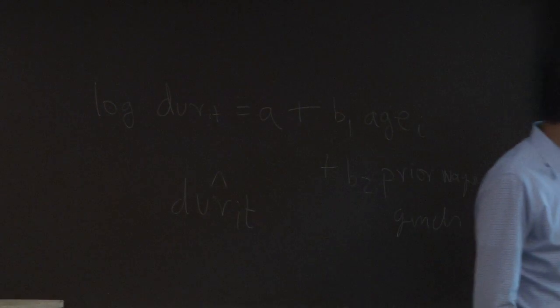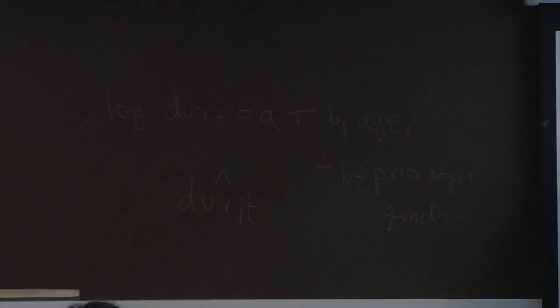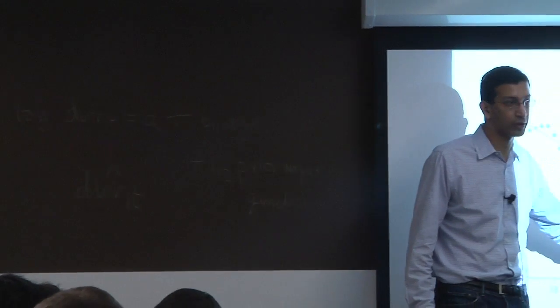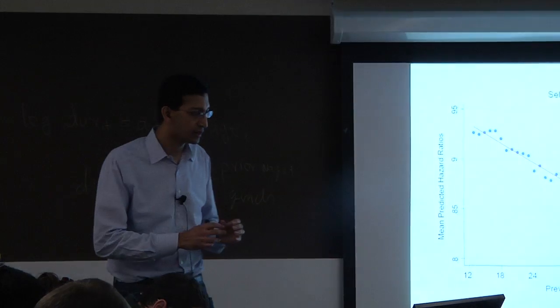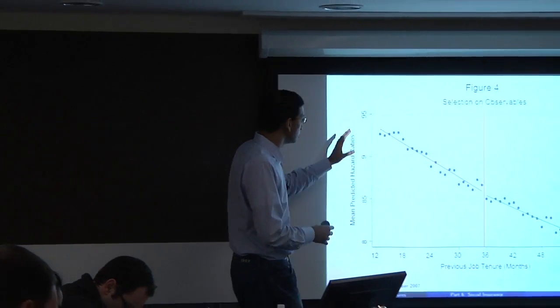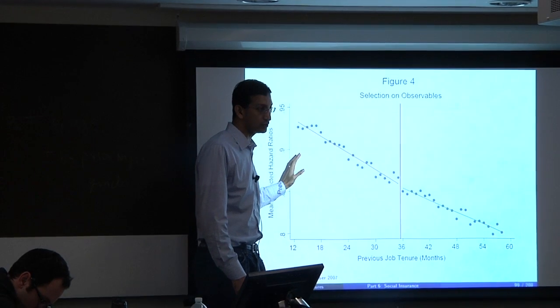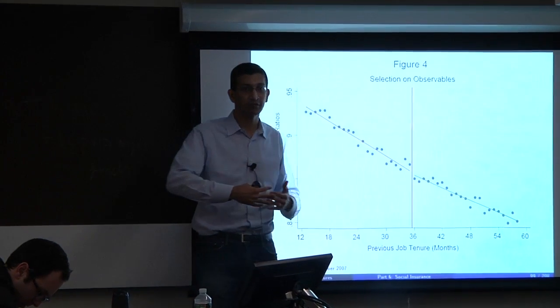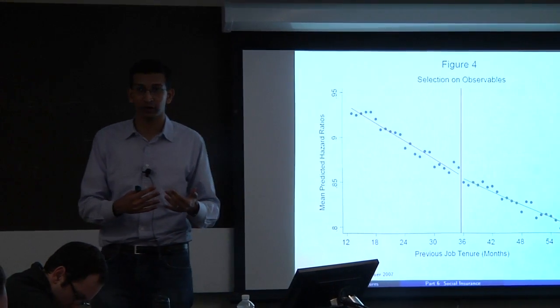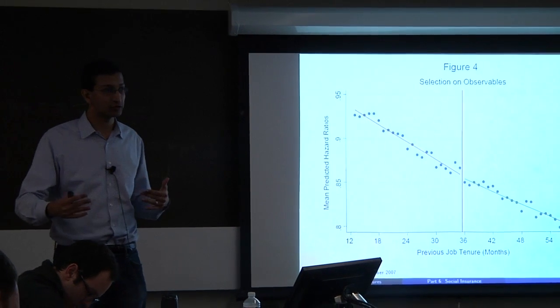And then plot the predicted values against the running variable on the x-axis, right? And so the ideal way to do this is you do this graph first with predicted durations, and then you do the graph with actual durations, and you can get a sense of whether the degree of selection is on the same order as your treatment effects.